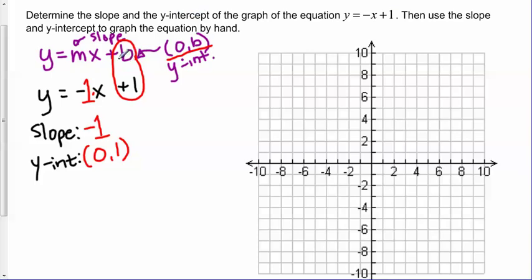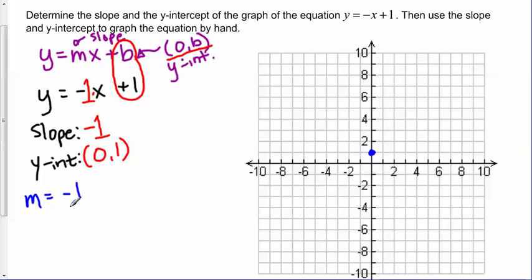Now we're going to use that information to actually create the graph by hand. Let's get our y-intercept plotted first, and then from there we'll use our slope. So the y-intercept is 0, 1. We're going to go right there for our y-intercept. That's going to be our starting point. And now our slope, remember m represents the slope. The slope is -1.